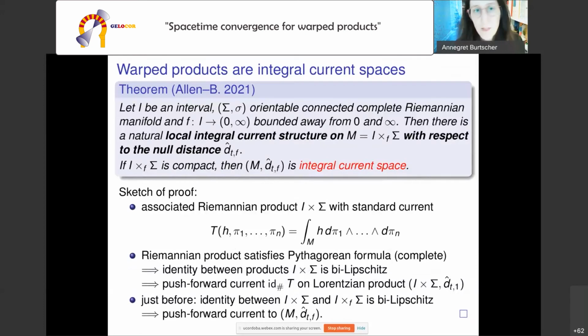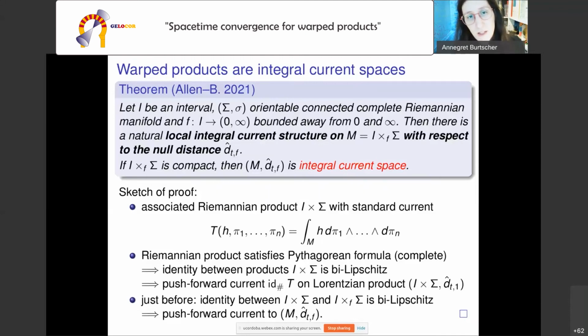And so this is the main result, that, okay, now you have a little bit more assumptions. You take an interval and an orientable connected complete Riemannian manifold, a bounded warping function that is also bounded from above and below, so bounded away from zero. Otherwise it would become degenerate, so we don't want that.